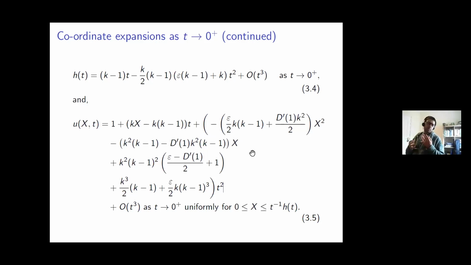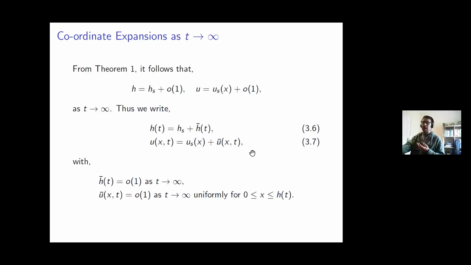Now, the other side of this that we want to look at is what these solutions look like as t tends to infinity. That is, we want to know how the solutions will converge to their steady states. And in a similar way, we know that h is going to converge to its steady state. And so for large values of t, we assume that h is equal to the steady state plus some little o(1) term, or a term that decays to 0 as t tends to infinity.